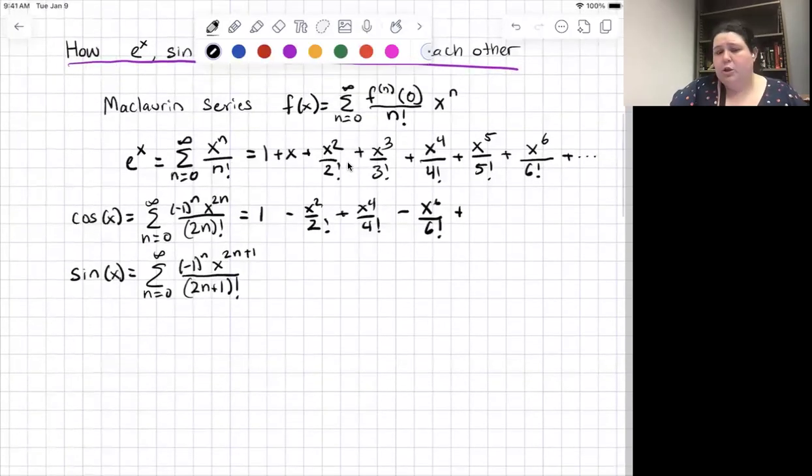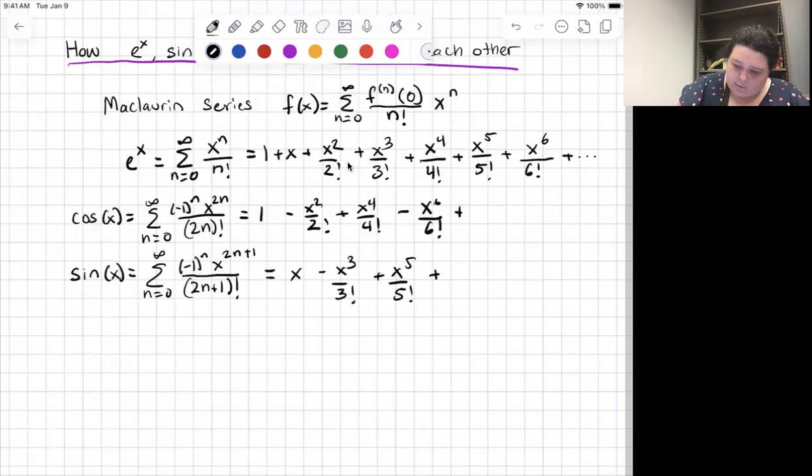But whenever you see 2n plus 1 or 2n minus 1, what we're left with are odd values. So we have x, minus x cubed over 3 factorial, plus x to the 5th over 5 factorial. And if I go one more just to continue the pattern, I have x to the 7th over 7 factorial.